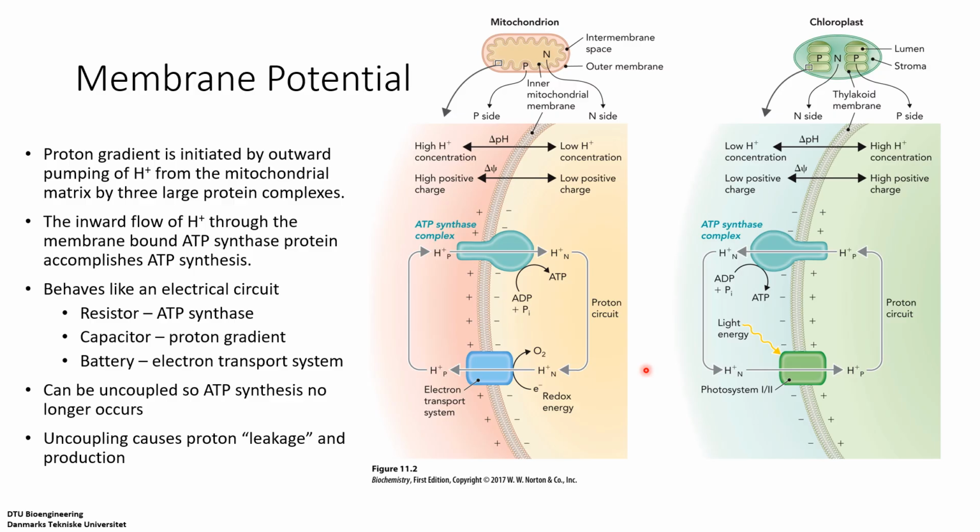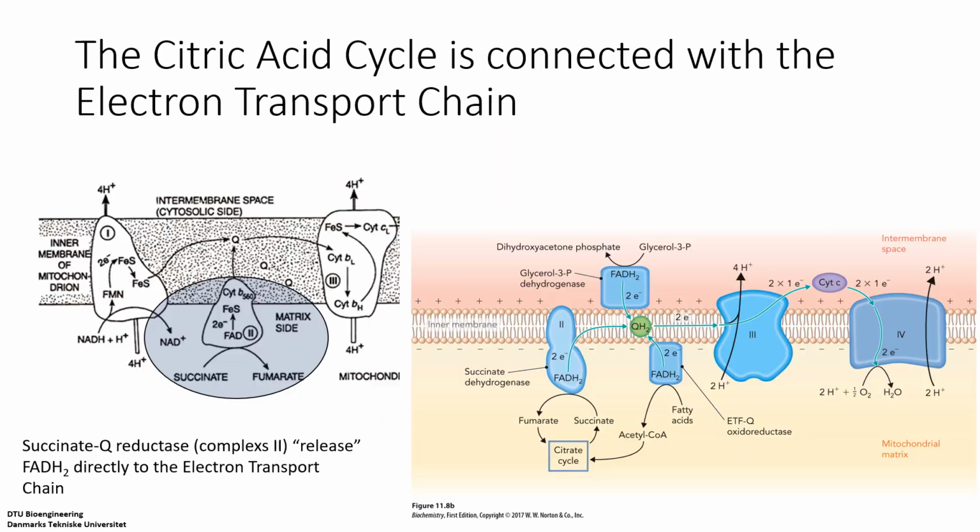Many of the enzymes are the same in the two pathways. This proton gradient can actually be established by chemistry. One can show that you can induce ATPase functionality by changing the pH on either side of this membrane.